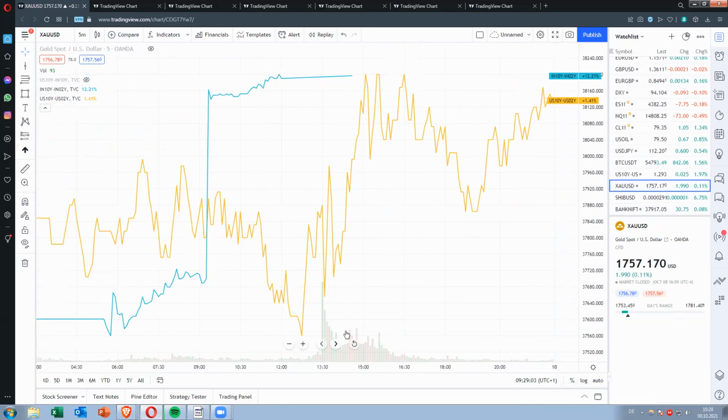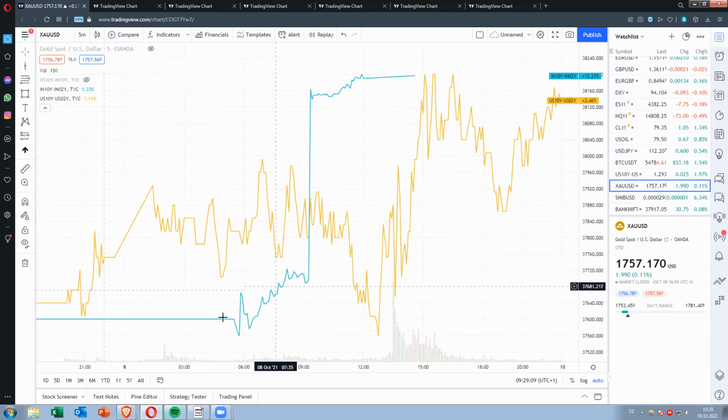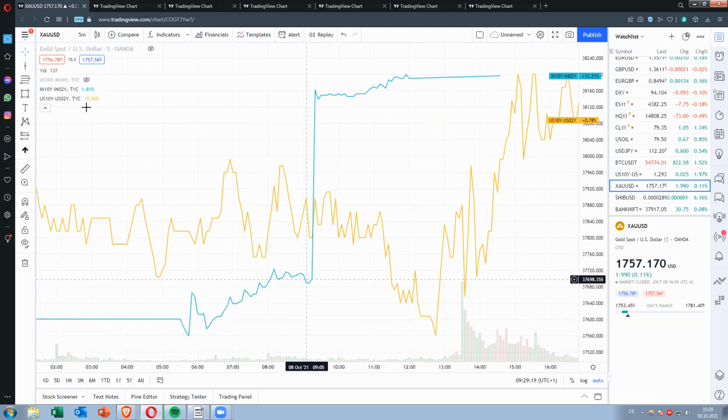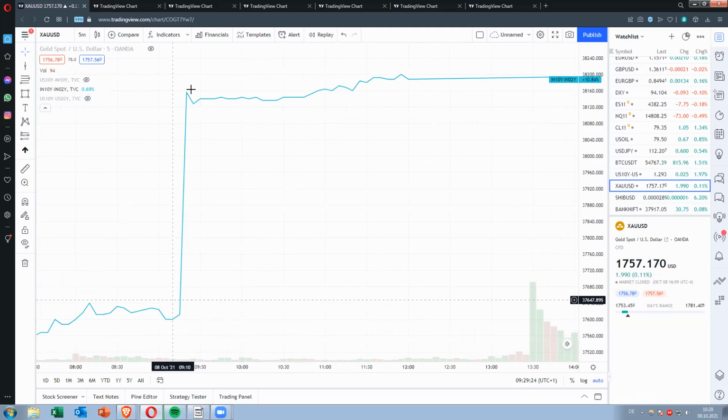You see the US curve moves a little bit better than the Indians, because the Indians are opening at 5:30, right? And it's closing at, it's not closing, but for example, if we take this move here, if we just analyze this move, this was a rise in the Indian 10s, right?